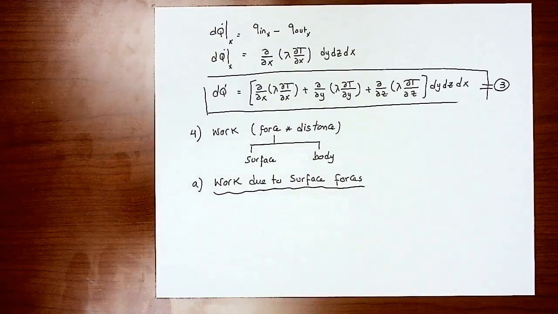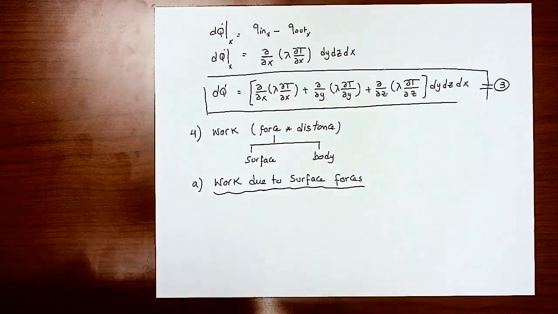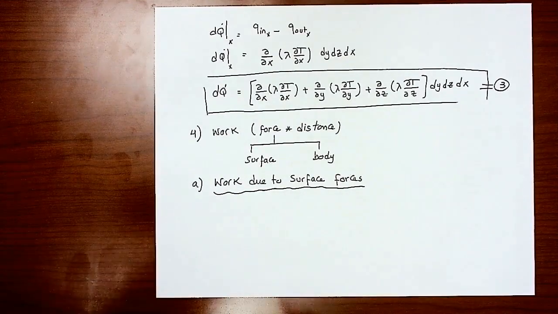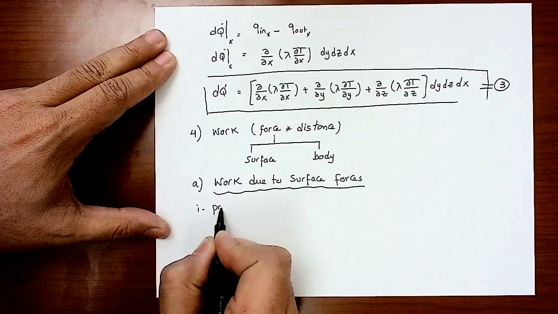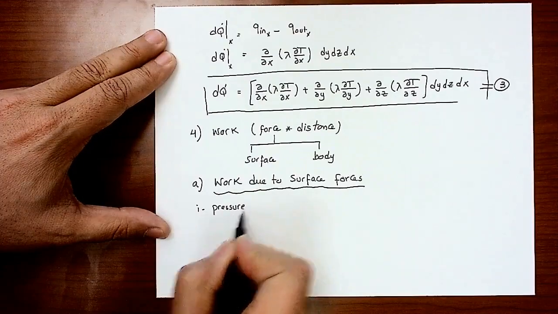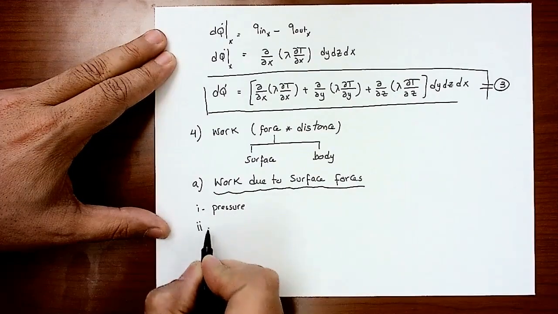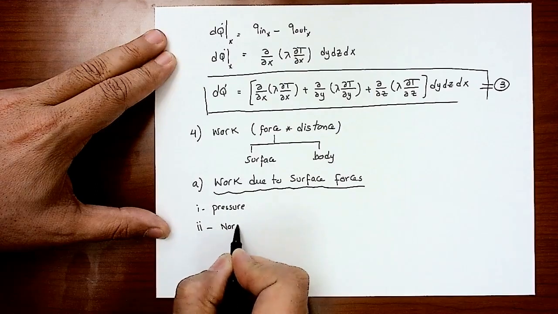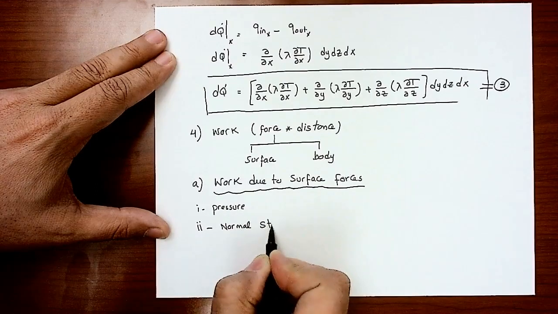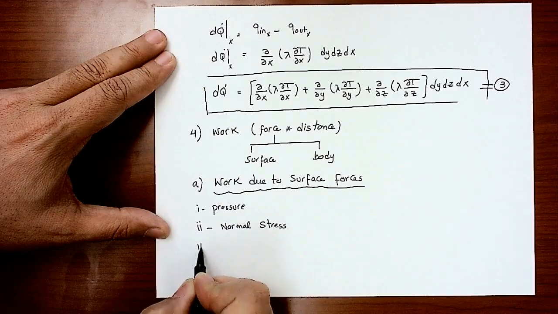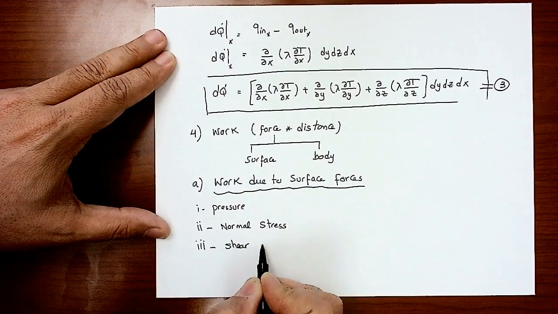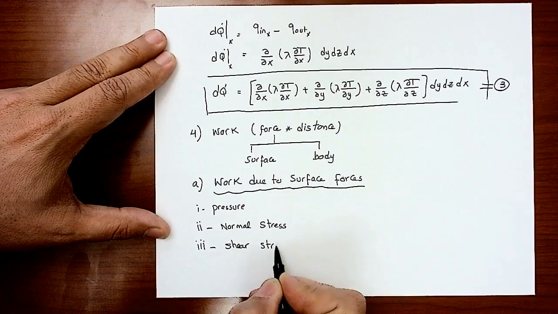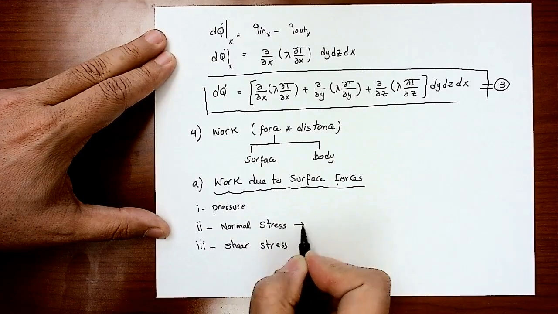We classify the surface force like what we did before with the momentum equation derivation. It could be a pressure, number 2 could be due to normal stress, and number 3 is due to shear stress. When I say normal stress or shear stress, it's the force coming from that stress.